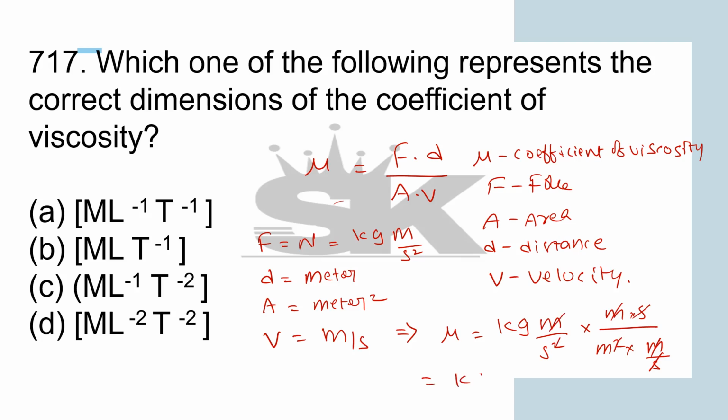So kg per meter second, right? Kg means mass M, power 1 in the numerator; length and time are in the denominator. So L power minus 1, T power minus 1. So this is the answer. M1 L power minus 1 T power minus 1 is the dimensional formula of the coefficient of viscosity.